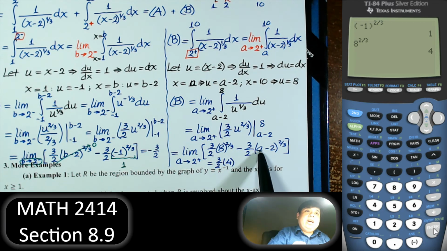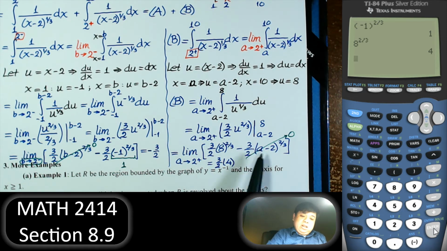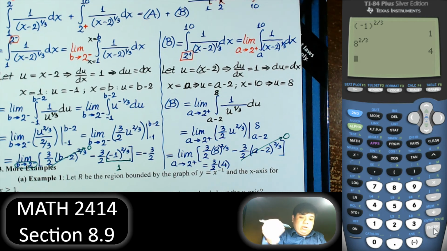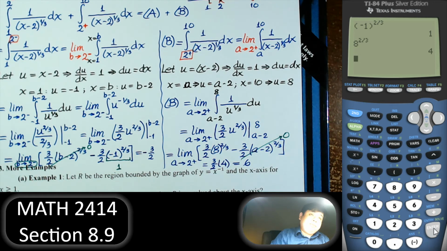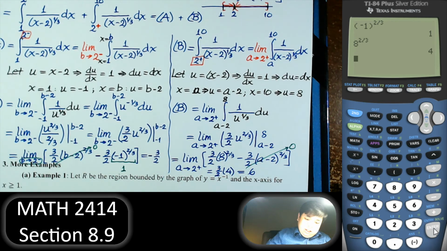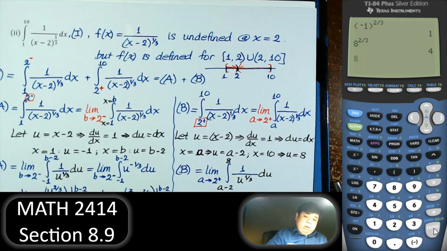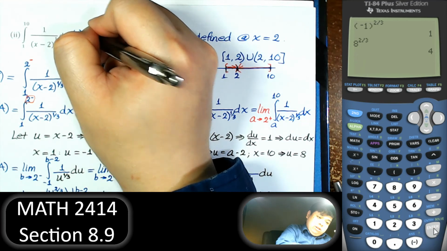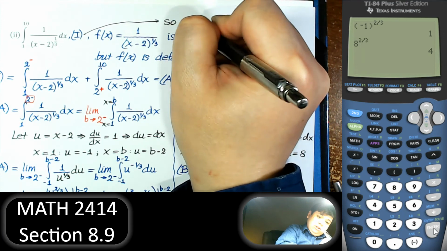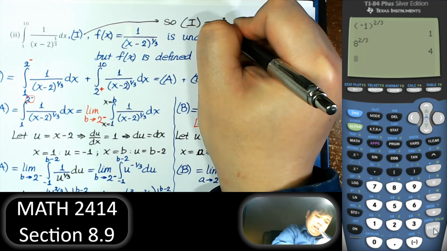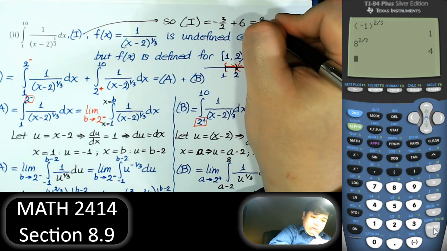And when we put 2 in here, that's 0 to the 2/3, so this one goes to 0, because 0 to the 2/3 is 0. And so 3/2 times 4 is 6. So we have 6 on one side and put it back into our problem. So that integral equals 6 minus 0, which is... wait, the result is 9/2 or 4.5.